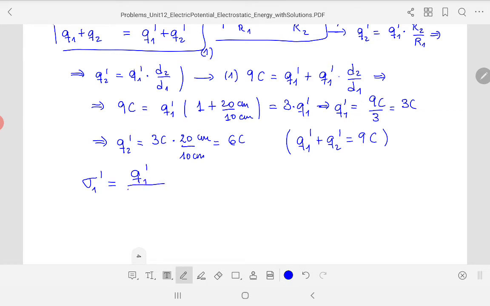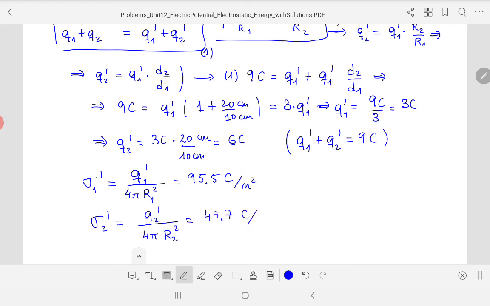As it is a sphere, this is 4 pi R1 squared, which is 95.5 coulombs per square meter, and sigma 2 prime is Q2 prime divided by 4 pi R2 squared, which is 47.7 coulombs per square meter.